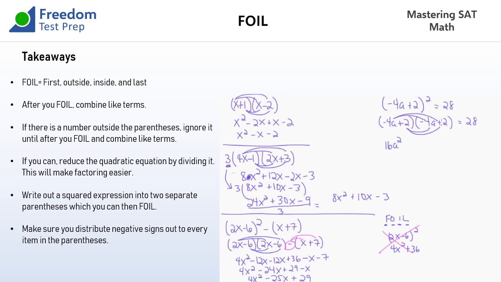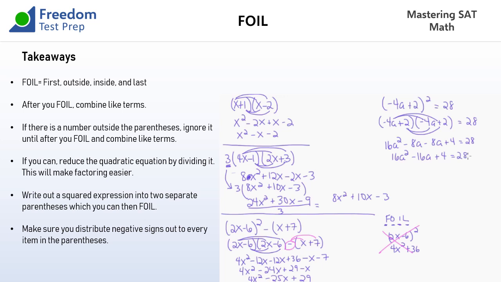Negative 4a times 2 is negative 8a. 2 times negative 4a is another negative 8a. And 2 times 2 is 4. And again, that equals 28. Now, we're going to combine like terms. So we've got 16a squared, negative 16a plus 4 equals 28.